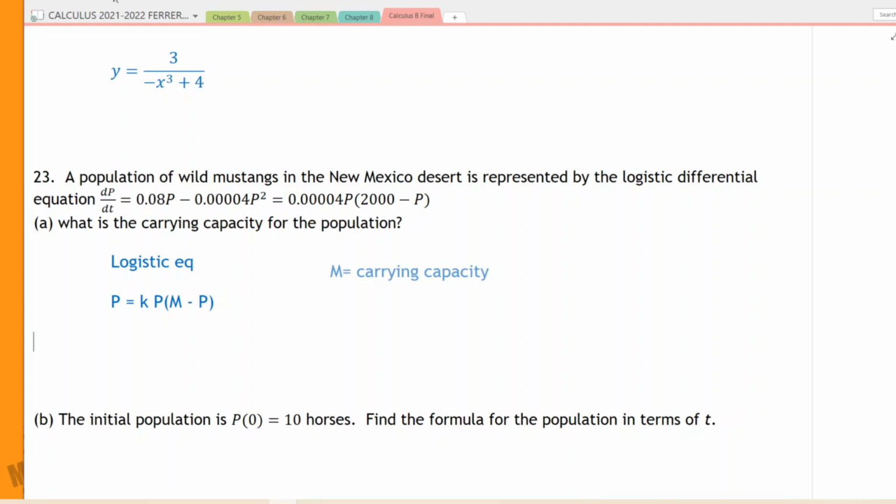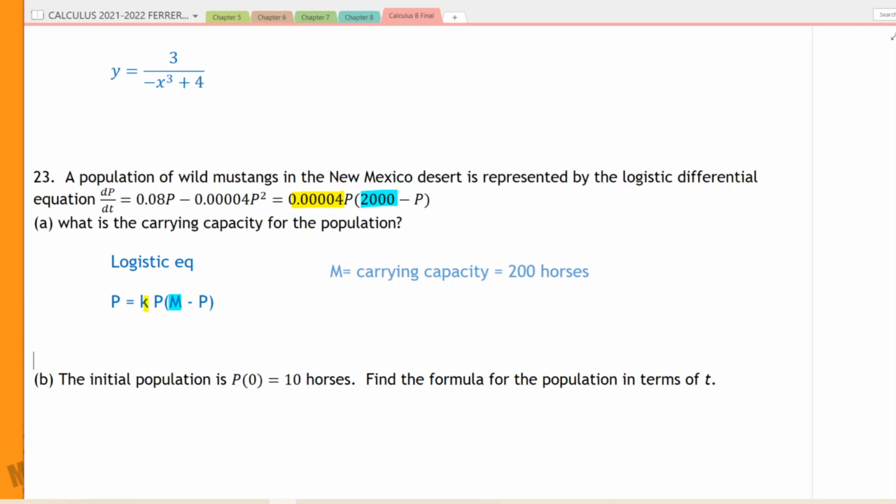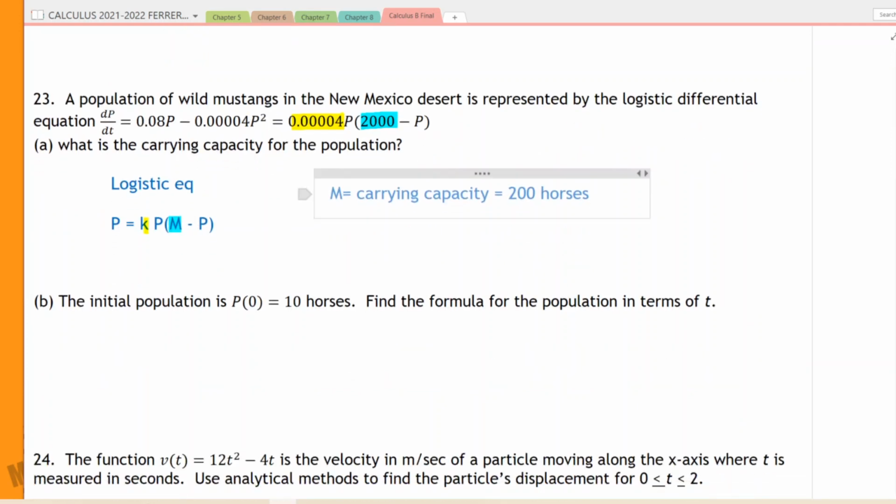If we start lining up our numbers, the 0.0004 lines up very nicely with the k, and 2000 lines up really nicely with M. So the carrying capacity is 2000 horses.